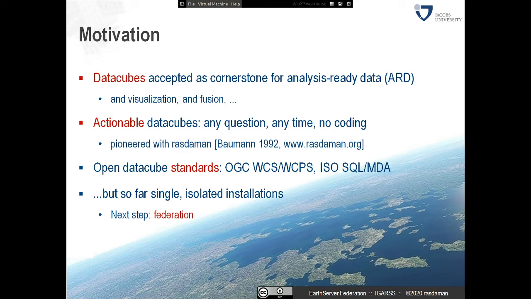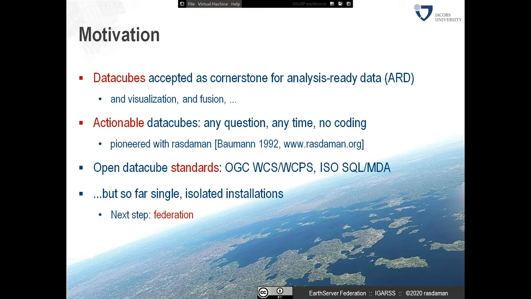That has been pioneered with the invention of array database systems. And the rasdaman system here was the pioneer technology that has brought up these queryable data cubes that today are even found in the standards. So yes, we do have analytic standards in place for data cubes. In OGC, we find the Web Coverage Processing Service, WCPS, as part of the WCS suite.